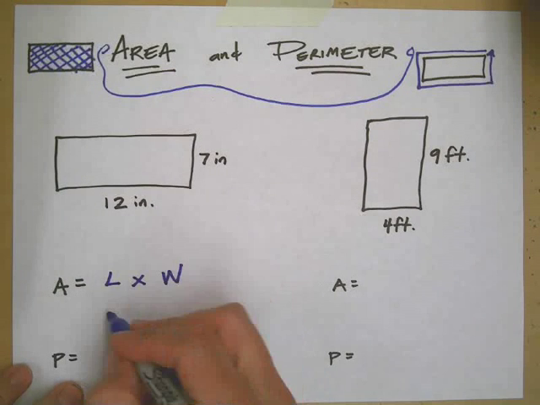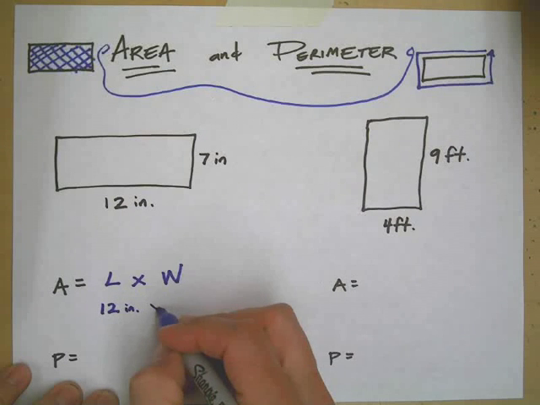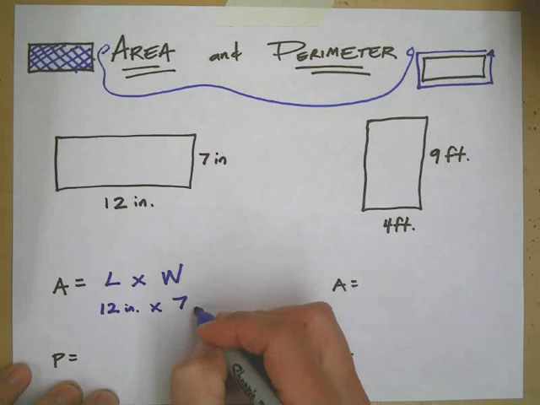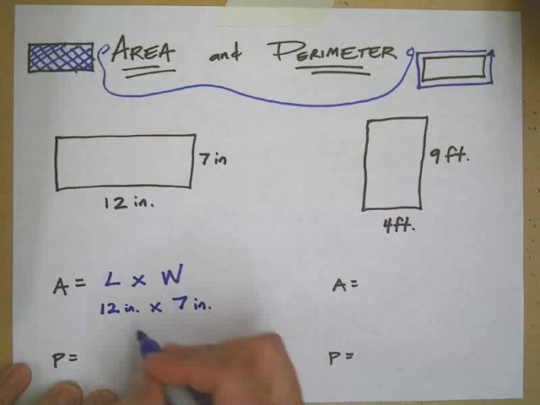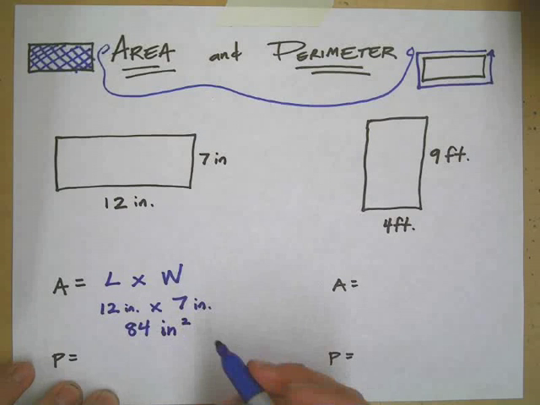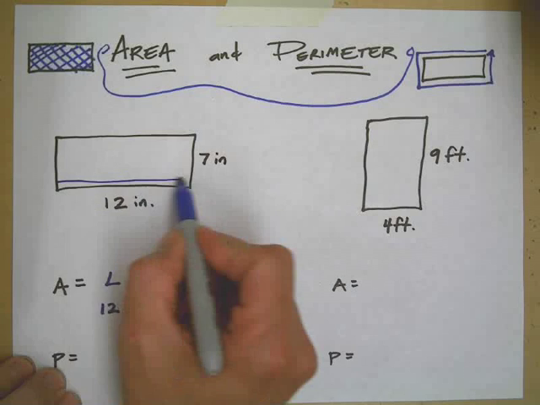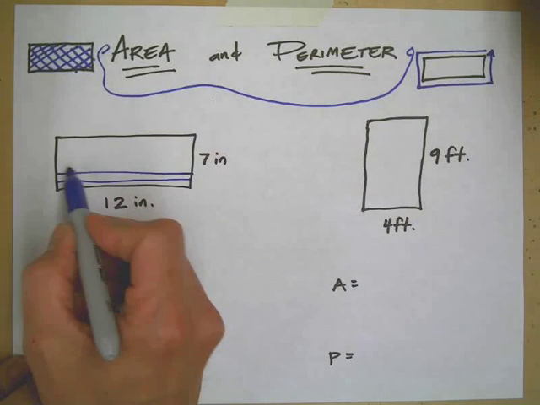You take your length or your long side, in this case 12, or units or inches. You multiply them by the width, or the short side, which is 7, and you get a total of 84 inches squared.